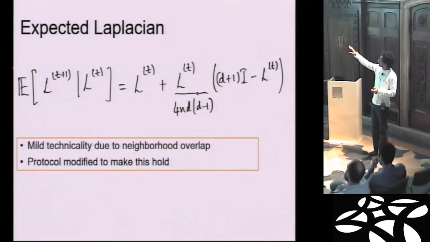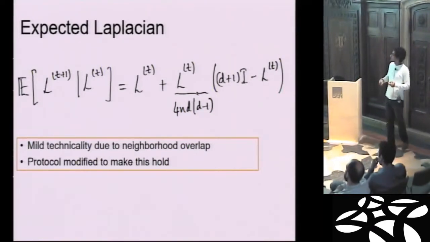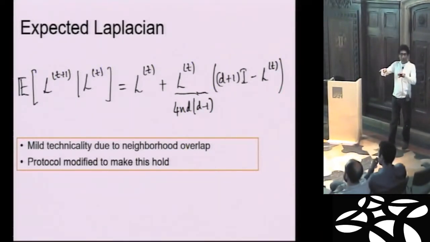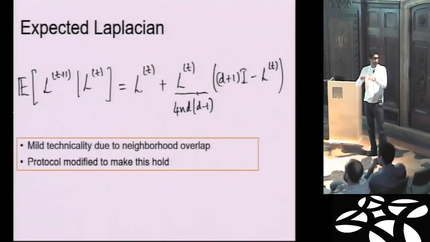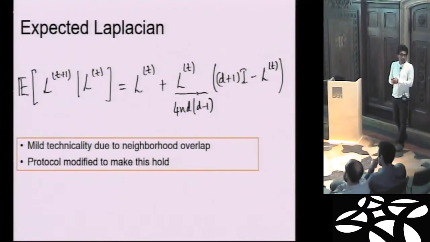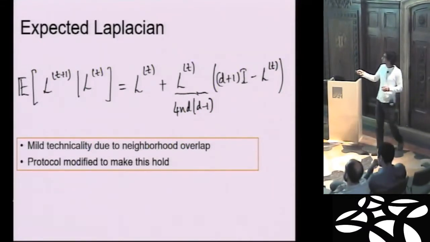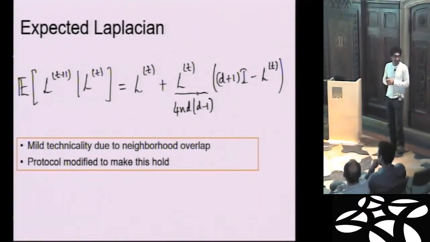There are some mild technicalities here, because if the neighborhoods of u and v overlap, you have to be a little bit careful how you deal with it so that you don't add double edges and so on. I won't go into this, but you can easily come up with a protocol such that this condition holds.